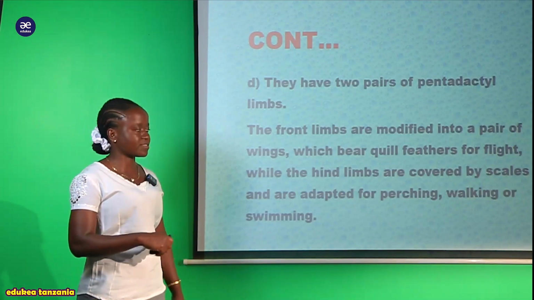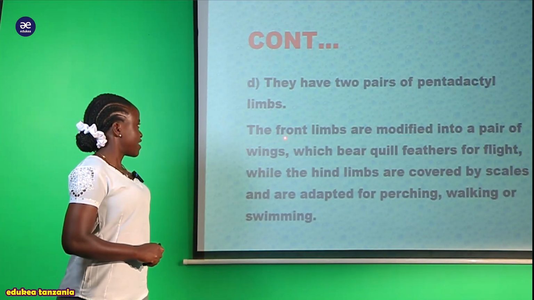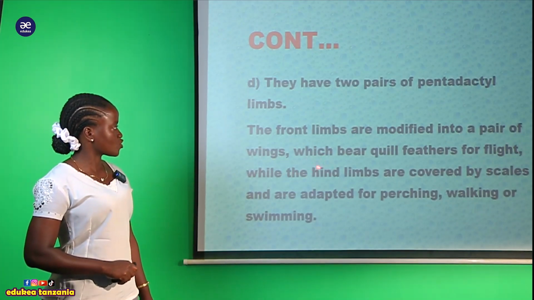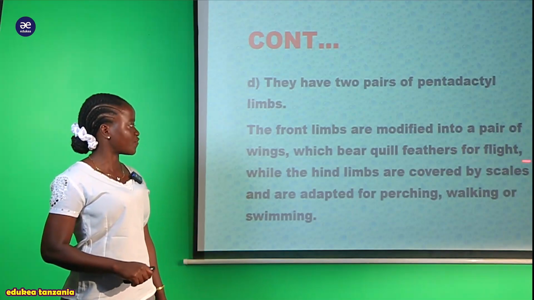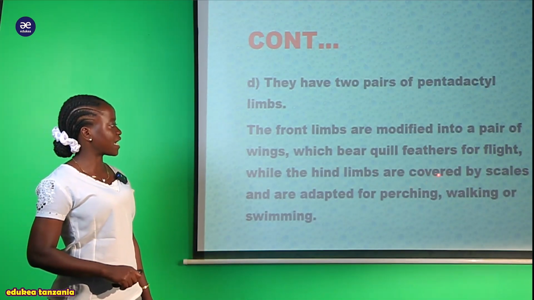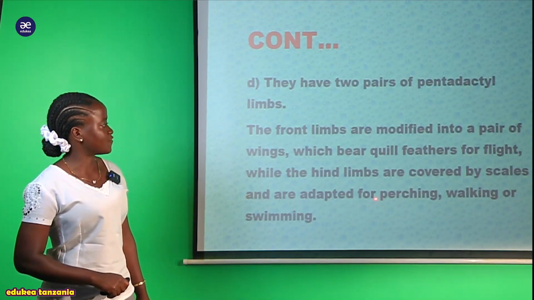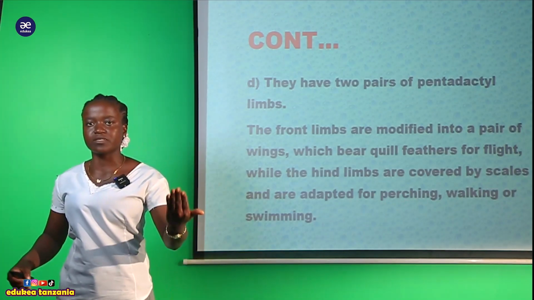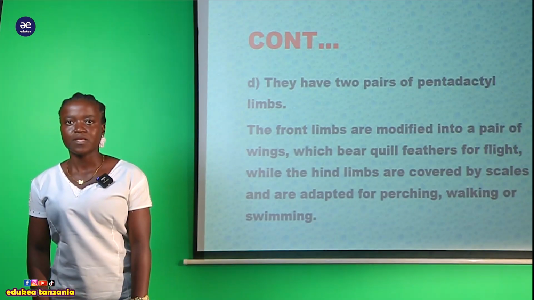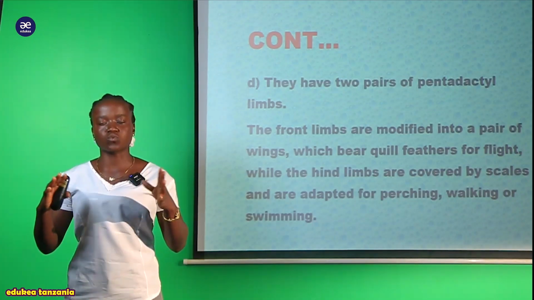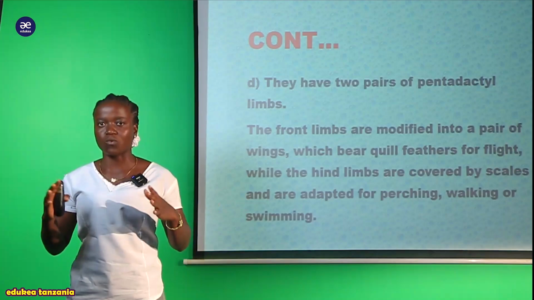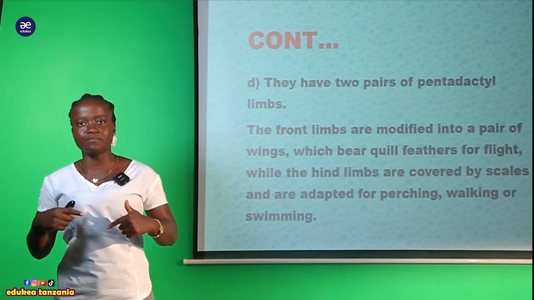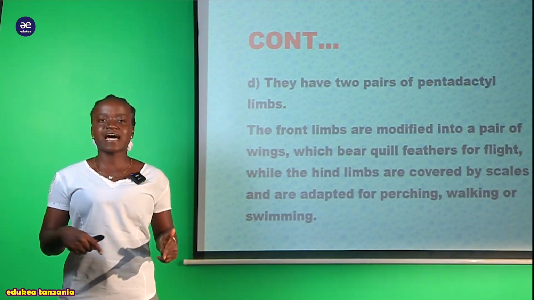So here now let's see the explanation. We are saying that the front limbs are modified into pairs of wings, which bear quill feathers for flight, while the hind limbs are covered by scales and are adapted for perching, walking, or swimming. So this organism has forelimbs as wings and also hind limbs. The wings are those they use to fly from one place to another. But the hind limbs that this organism possesses are the legs.